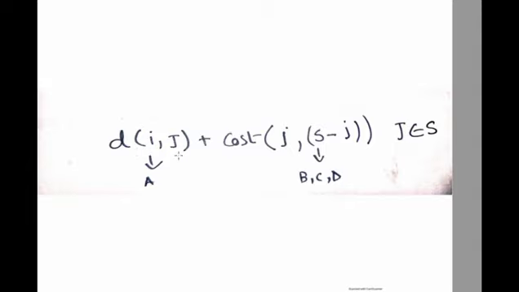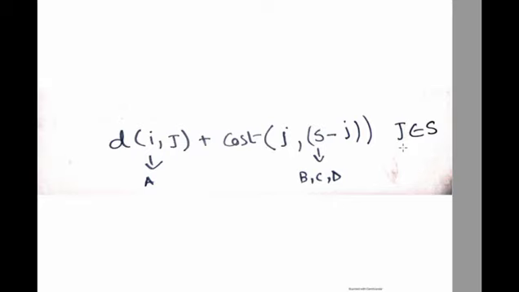J are the other adjacent vertices, right? Plus cost J, the adjacent vertices. S is the set of the vertices. We minus from the J, and J belongs to the set of the vertices. So this is the formula from which we can calculate the minimum cost for the salesperson problem using dynamic programming.